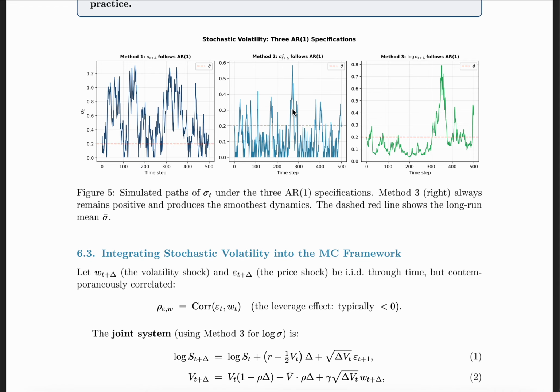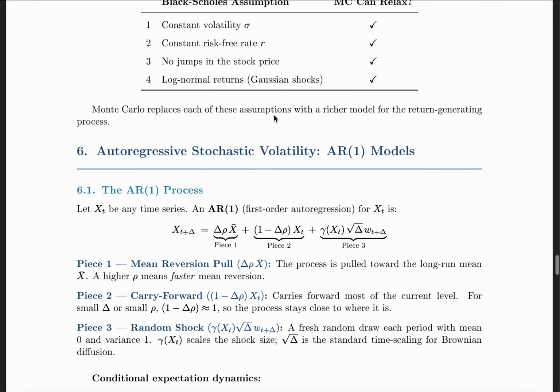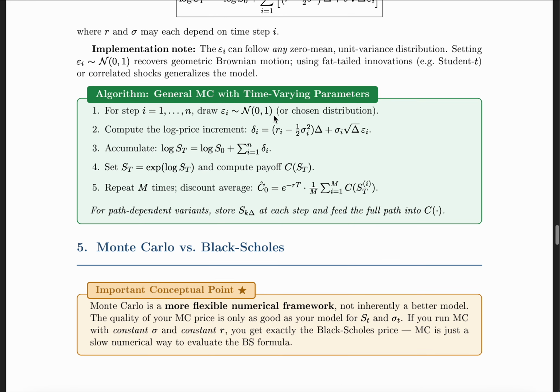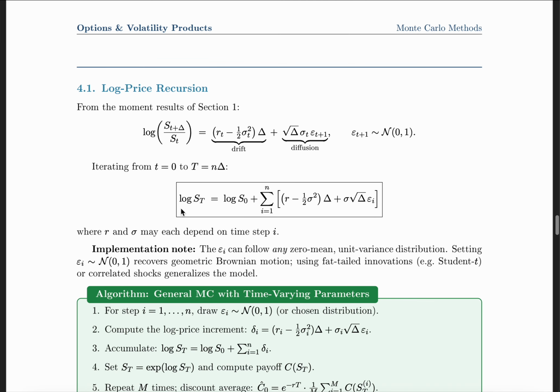It's a way for us to model the time-dependent volatility using a mean reverting process. And this fits nicely within our original Monte Carlo framework. So all that is a way for us to determine sigma to use in our Monte Carlo simulations.